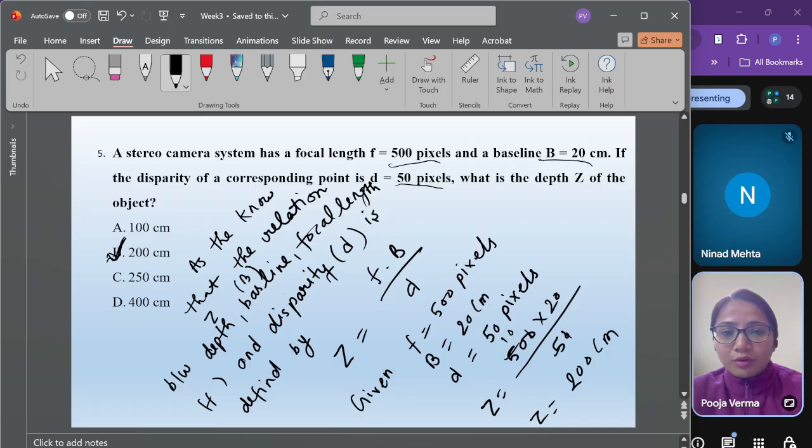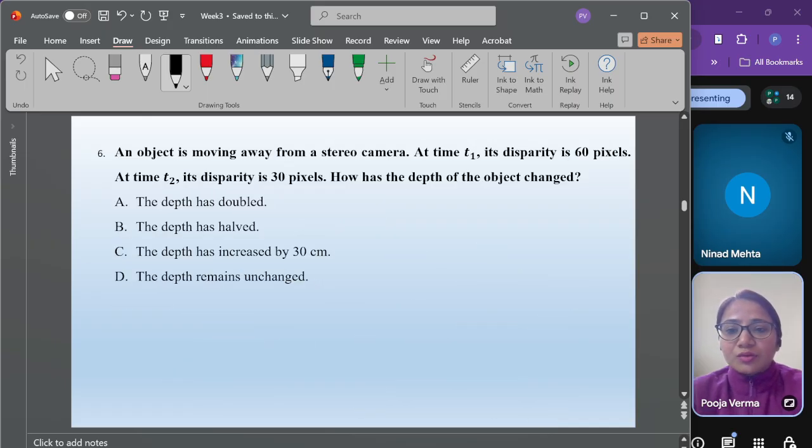Now moving to our next question. Our next question is, an object is moving away from the stereo camera. At time t1 its disparity is 60 pixels and at time t2 its disparity is 30 pixels. How has the depth of the object changed? Option A, the depth has doubled.